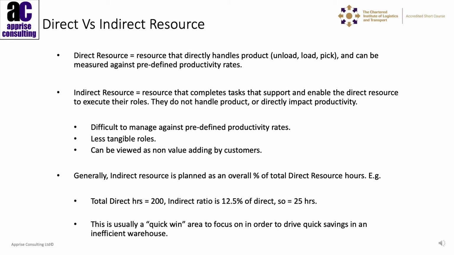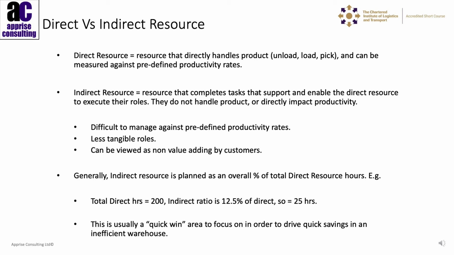With indirect resource, this is resource that allows the task to be completed, but it's a support function. They don't handle the product or directly impact on productivity. This is quite difficult to manage against predefined productivity rates. Less tangible roles are involved, and this can be viewed as non-value adding by the customers themselves.